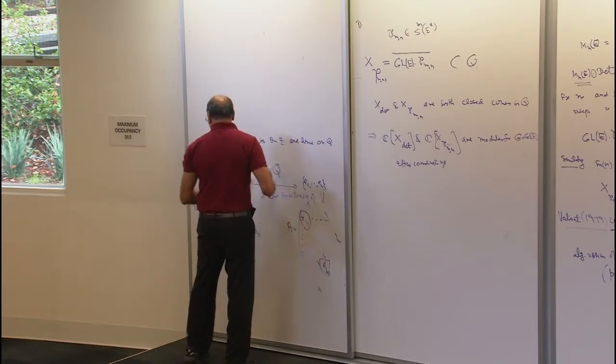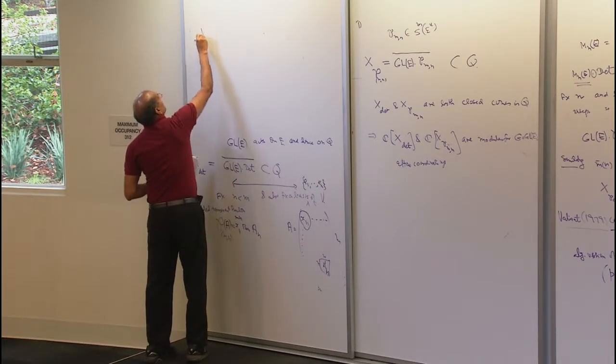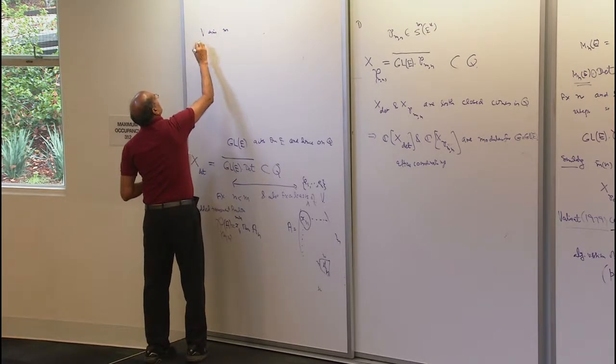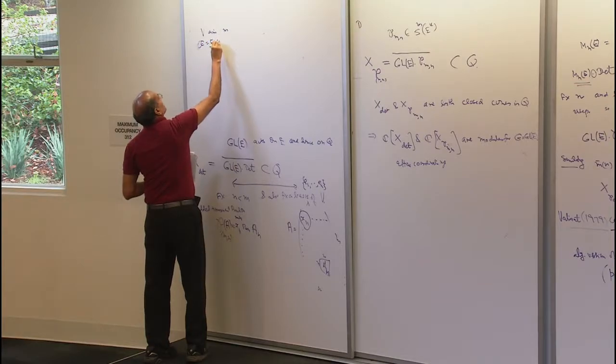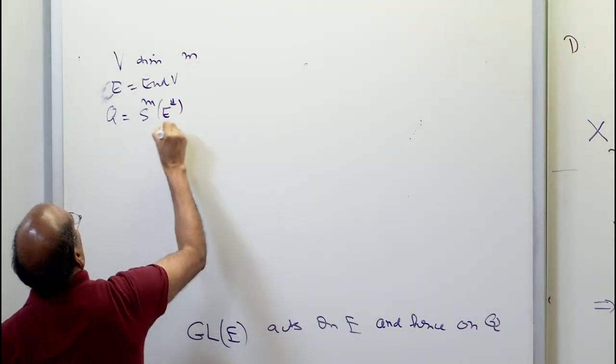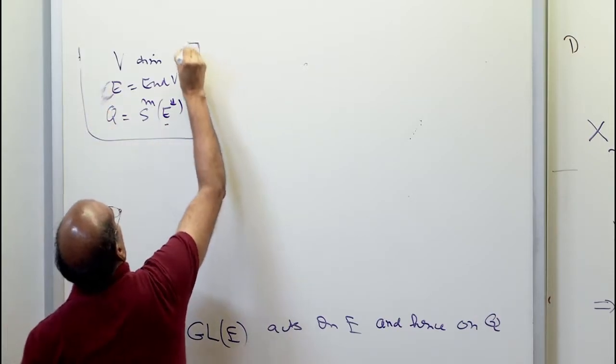Maybe I should at least keep this notation: V has dimension m, E is End(V), and Q is S(E) star. So I'll keep this notation.